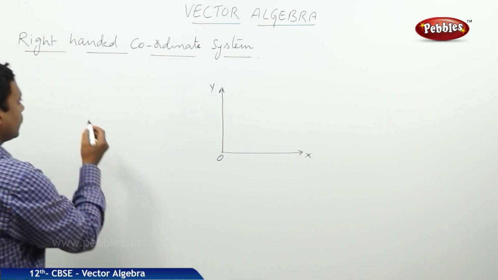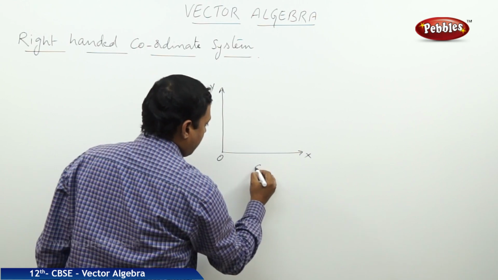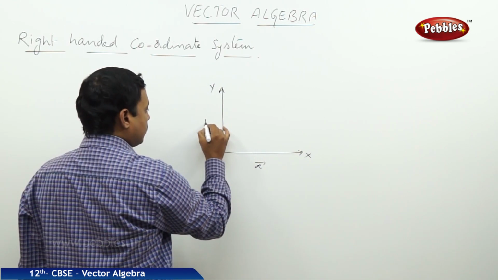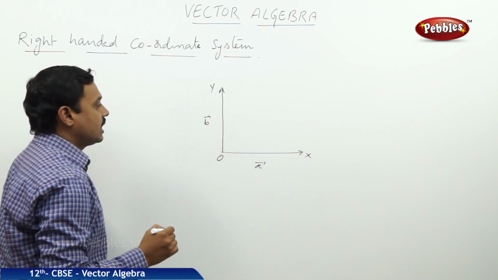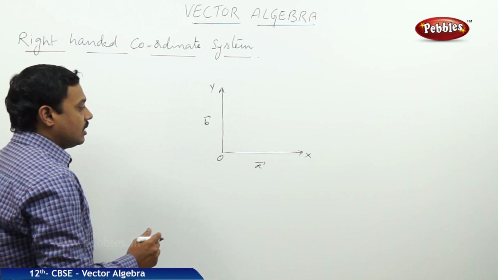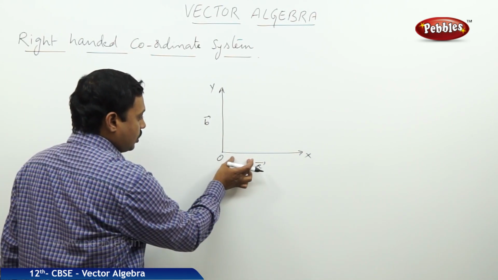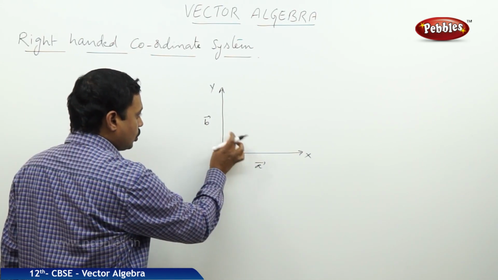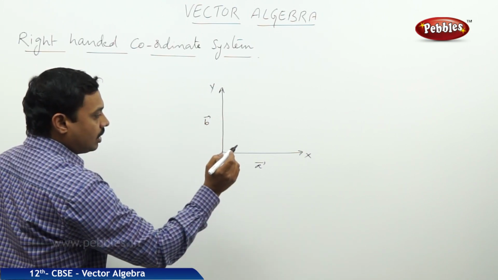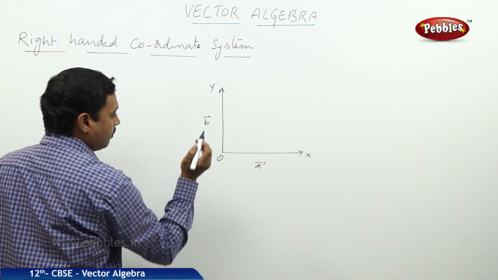system. Suppose a bar is a vector in the direction of x-axis and b bar is another vector in the direction of y-axis, then if a is rotated towards b, then there exists a vector perpendicular to them.